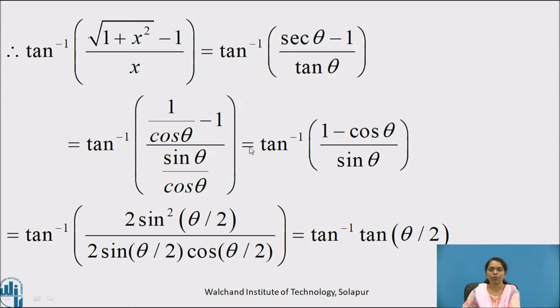That is equal to tan inverse of, in bracket, simplify the numerator, take LCM, it is 1 minus cos theta whole divided by cos theta, and in the denominator sin theta whole divided by cos theta.